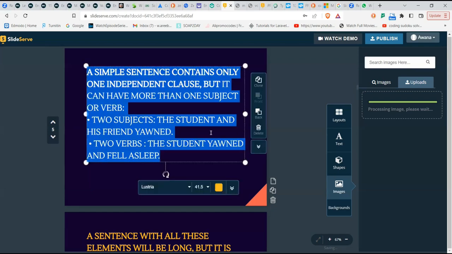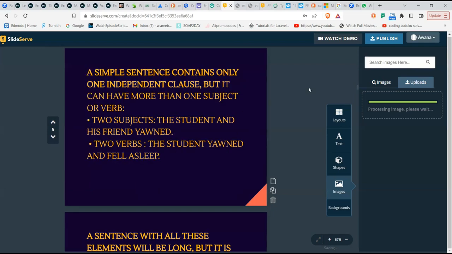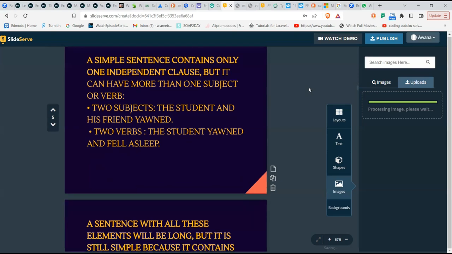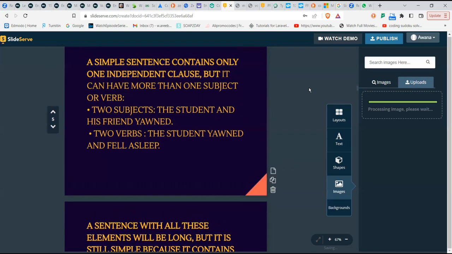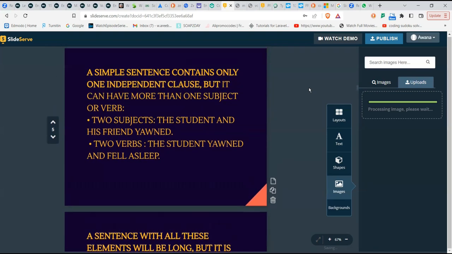Okay, give me an example with a compound subject and a compound verb. A simple sentence. Ma'am, I couldn't understand the compound verb. Okay, let me explain.